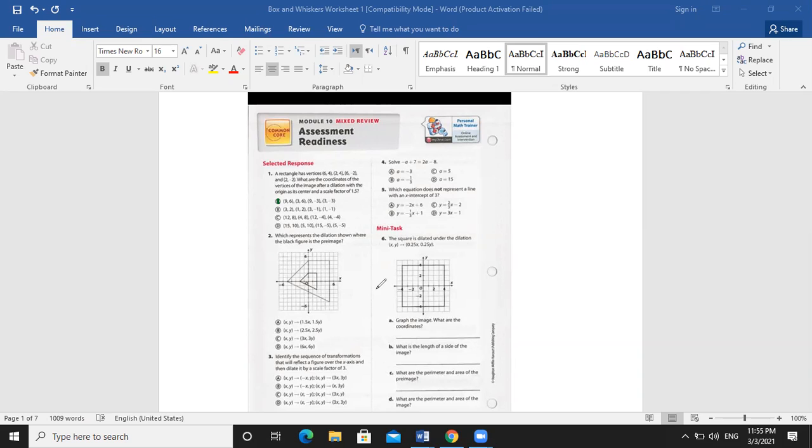Which represents the dilation shown, where the black figure is the pre-image? B. Thank you. So the right answer is B. Which one is the pre-image? The smaller one or the bigger one? The smaller one is the pre-image.